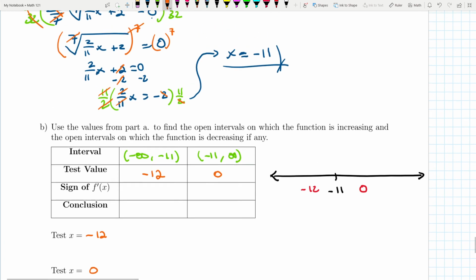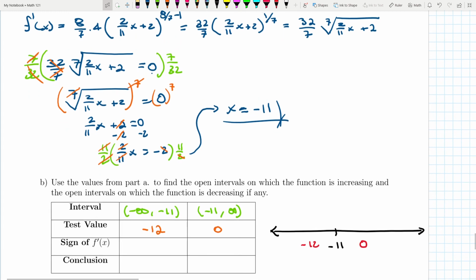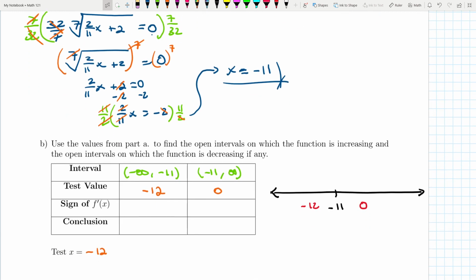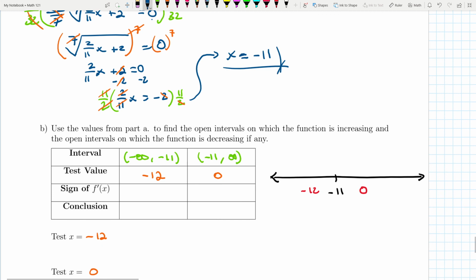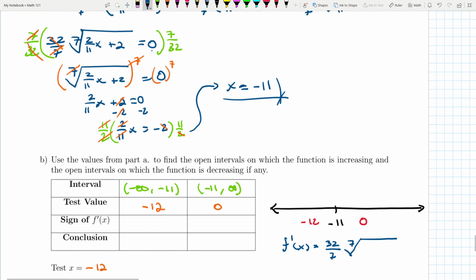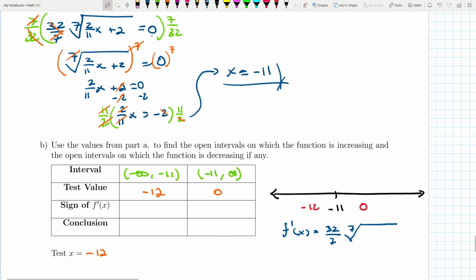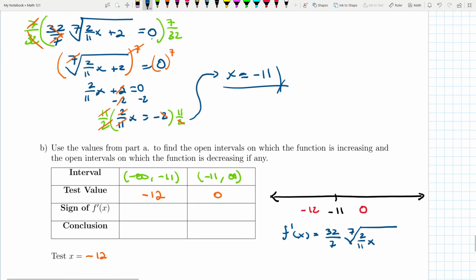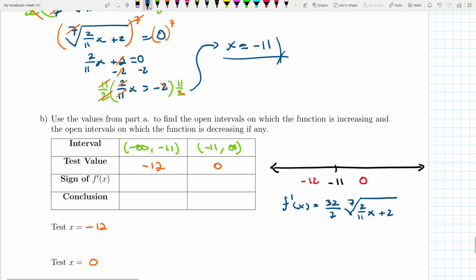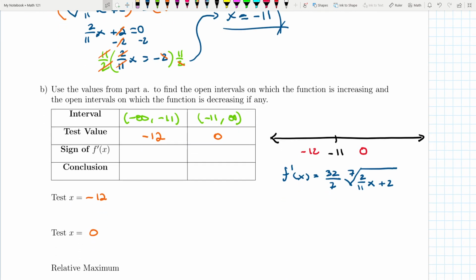Let's recall that the derivative f prime is 32 over 7 times the 7th root of 2 over 11 times x plus 2. Let me write it down so I don't have to scroll the page every time. All right, so in this case, what are we going to obtain?